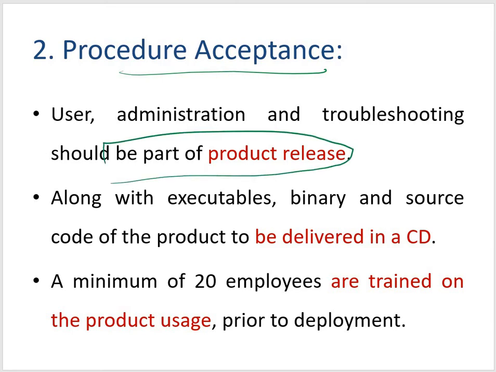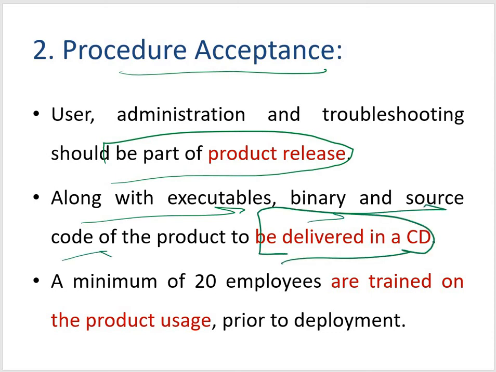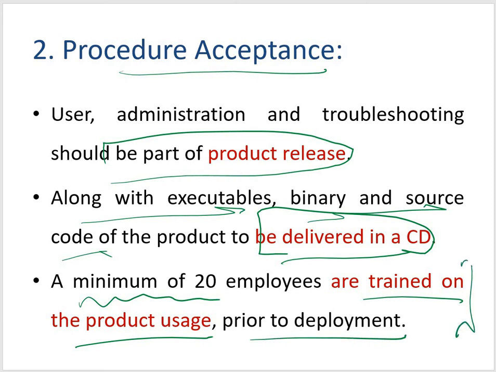Next is the procedure which has been applied, right? So procedure acceptance means your user administration and troubleshooting should be part of the product release, and a procedure can also be, along with the executables, binaries and the source code of the product, delivered on a CD, and then a minimum of like 20 employees are trained on the product usage prior to deployment, right?